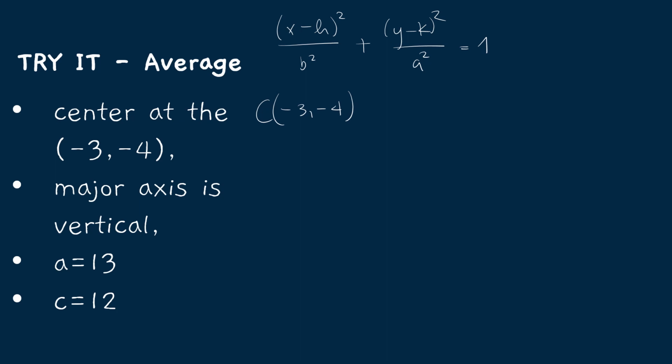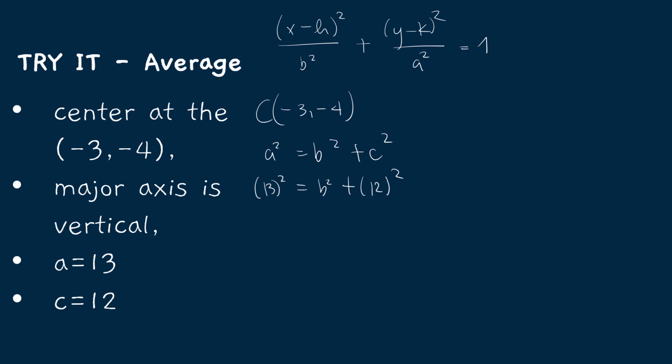Use the Pythagorean identity again. It's a squared is equal to b squared plus c squared. On number 3, the missing value is your a. But this time your b is missing, so we write a squared is equal to b squared plus c squared. And then we can now solve by writing 13 squared is equal to b squared plus 12 squared.